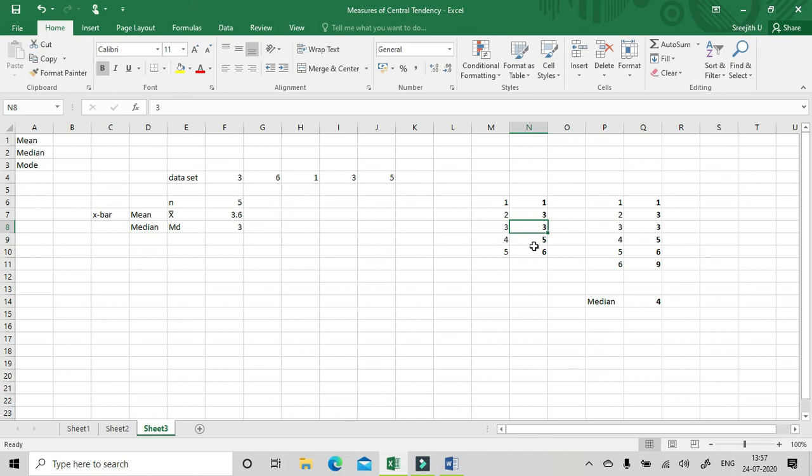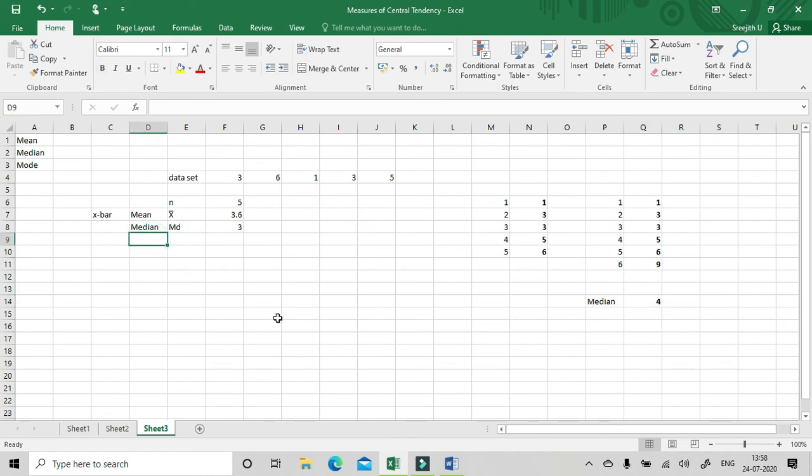Whereas if you have an even number of observations, then your median will not be part of the data set. This 4 is not part of this data set, right? So basically 4 is the average of 3 and 5, with 3.5 being the middle position. So that is a subtle difference which you need to keep in mind.